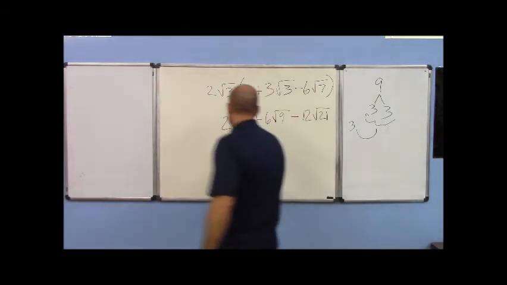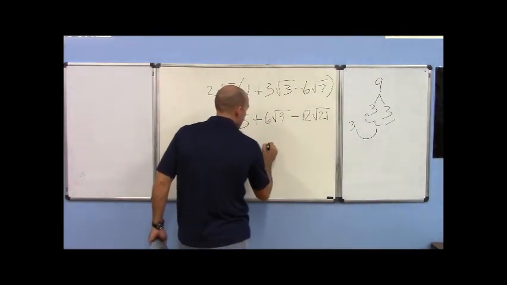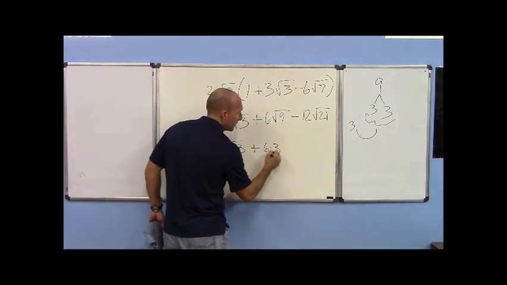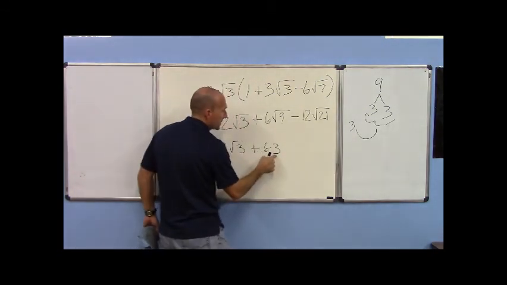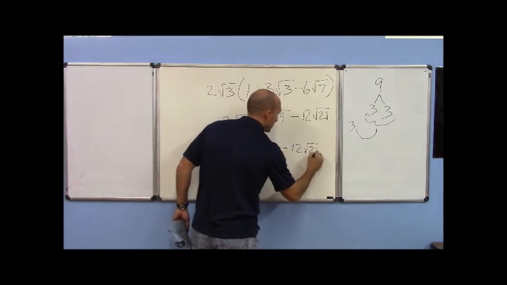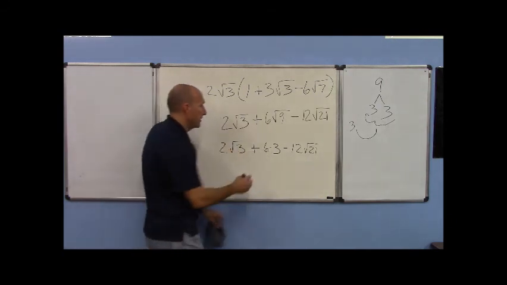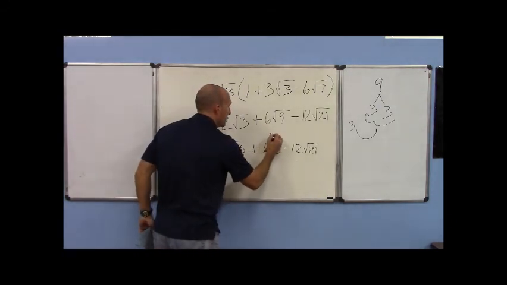So it'll be 2 to the square root of 3 plus 6 times 3, that one team that comes out, minus 12 to the square root of 21. Okay? And then 6 times 3 is 18, so we'll just rename this as 18.